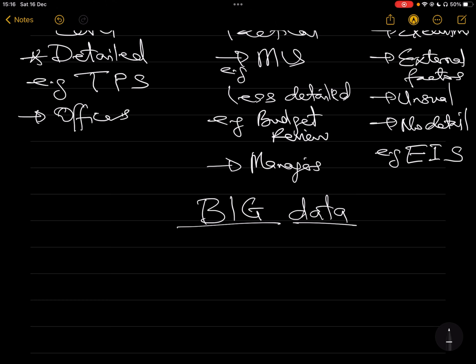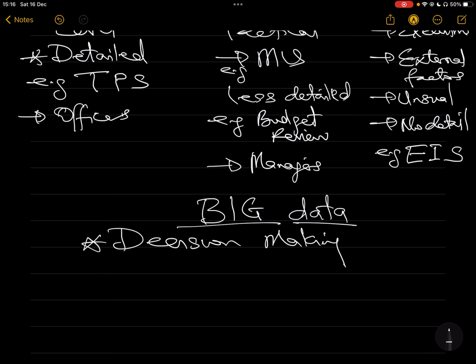Until a few years ago this information had not been put into use, and people have now realized that there's a lot we can do with it. So big data has now become a very critical thing in decision making, because there's a lot you can get from the data.